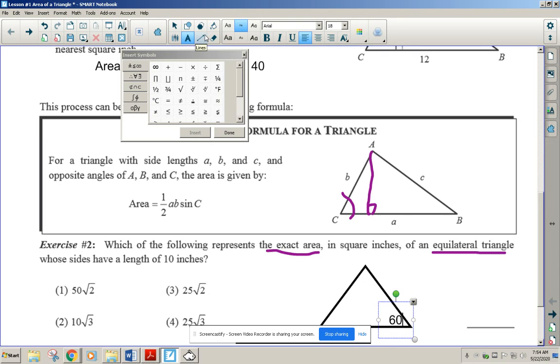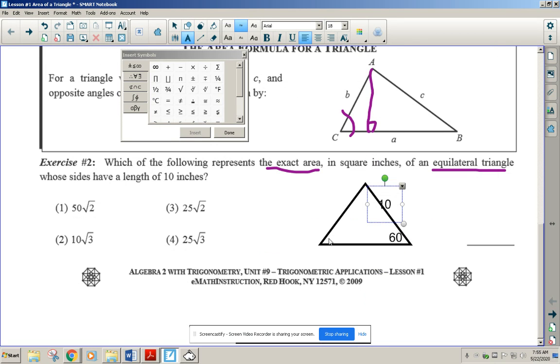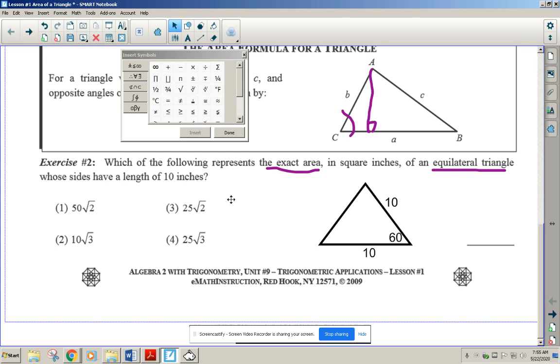If I were to now talk about a height, a side of 10, what that means is this side is 10 and this bottom side is 10. Let me just move this. And this is 10. So now, if I were to be using this formula, 1/2 base, 1/2 the sides with the included angle, this would look like this formula.